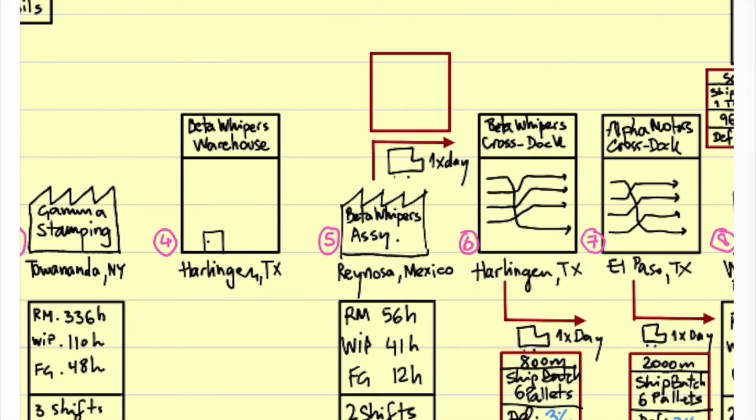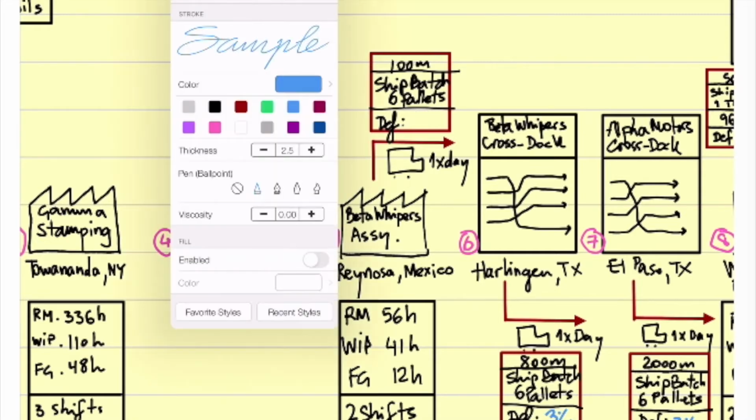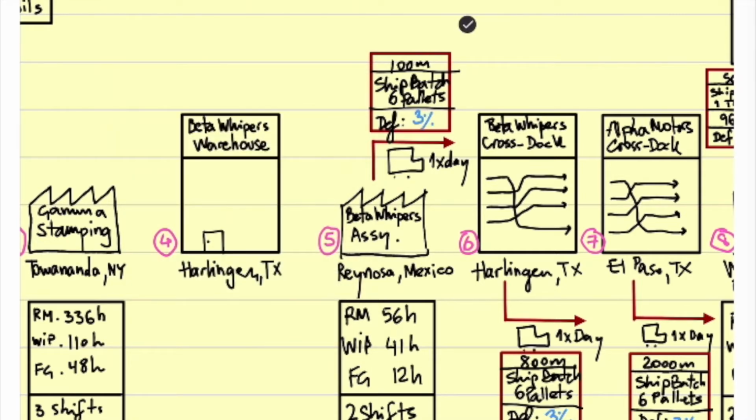And here we only have 100 miles. The shipping batch is 6 pallets. And we have the defective rate of 3%. From the warehouse to the assembly again.